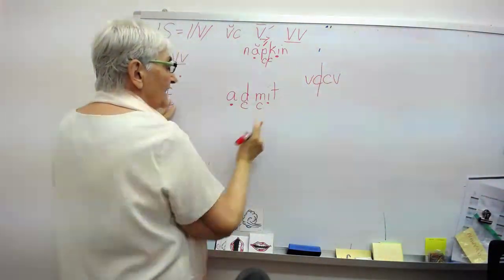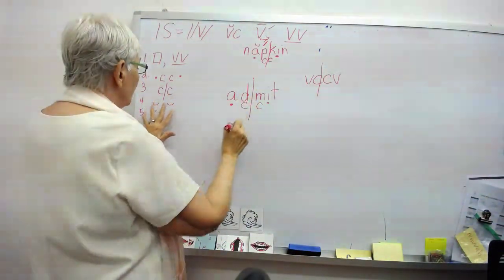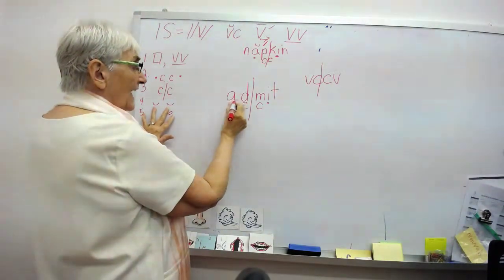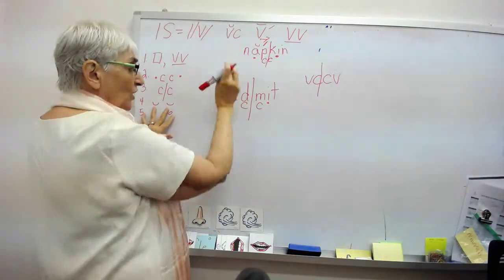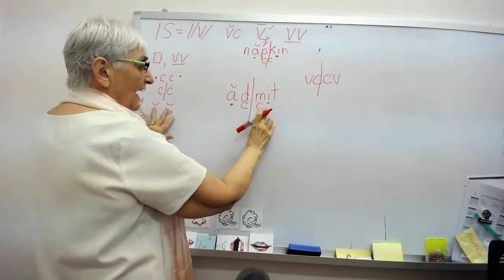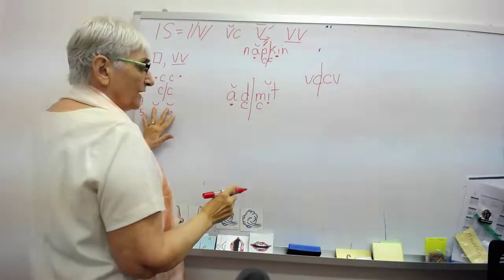I usually break it between the two consonants. So I'm going to break it here. All right, now let's code our vowels. I can see that I have a vowel in a closed syllable, so I'm going to code it with a breve. I see a vowel in a closed syllable, I'm going to code it with a breve.